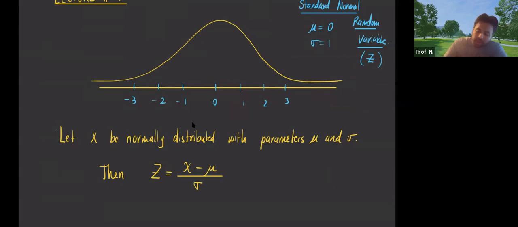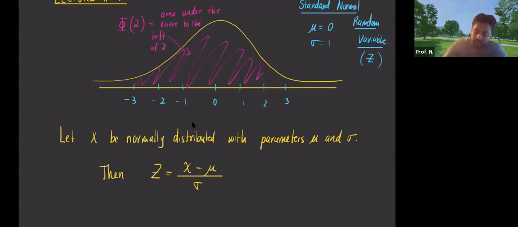And then we learned how to, using the table and using the calculator, find the area to the left. So for example, this would be the CDF function evaluated at 2. This is the area under the curve to the left of 2.